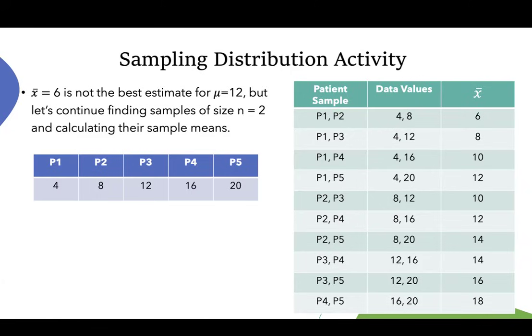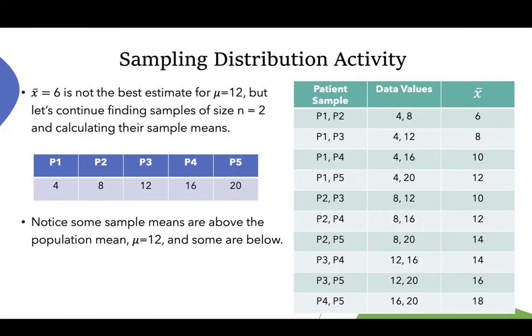All the possible x bars are listed here. Some of them, like 12, this one for P1 and P5, or this 12, P2 and P4, these two are exactly equal to the population mean. Others, 6, 8, 10, and this 10 are below the population mean, and others, 14, 14, 16, and 18 are all above the population mean.